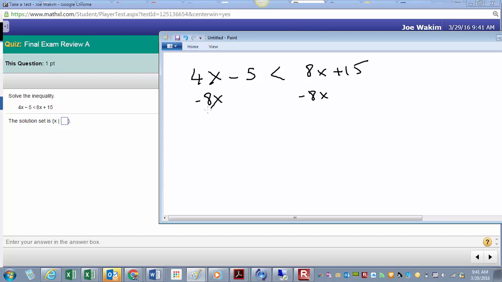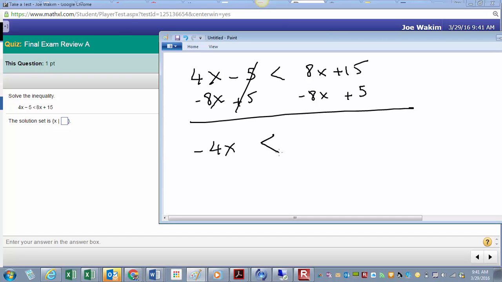This way you move the negative 5 to the right. So now we have 4x minus 8x is negative 4x. These will cancel. Less than. These will cancel. 15 plus 5, 20. Now we need to divide both sides by negative 4, flip the symbol. So x would be greater than negative 5. X such that x greater than negative 5.